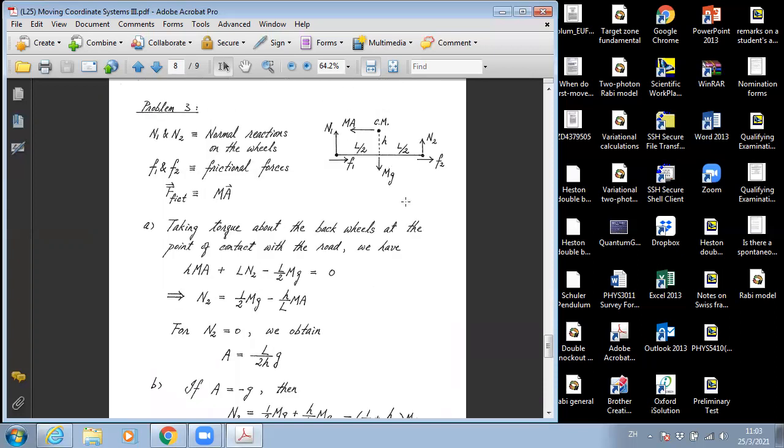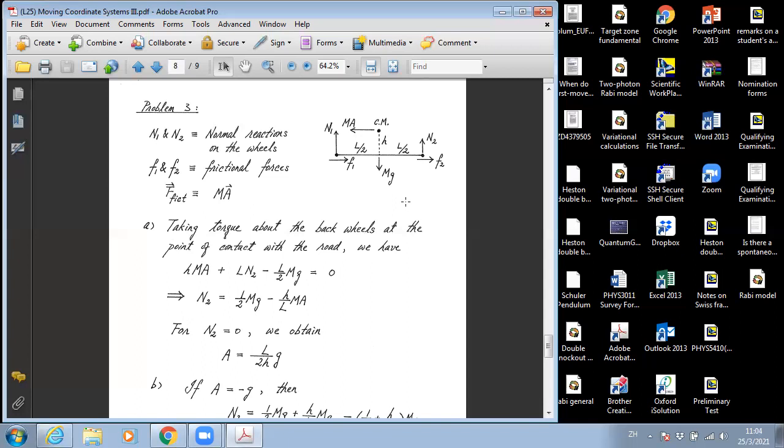Now, if I ask you to do this problem in the inertial frame, what will happen? Why?